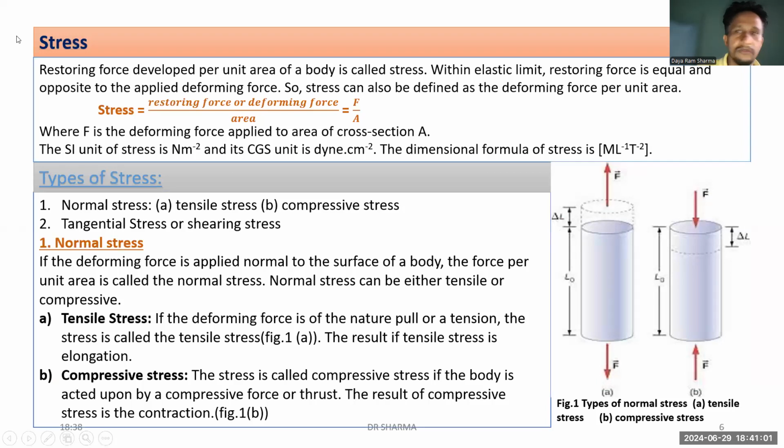Now, stress. Stress is defined as the ratio of restoring force to the area. Since the magnitude of restoring force is equal to deforming force, we can also define it as the ratio of deforming force to area.